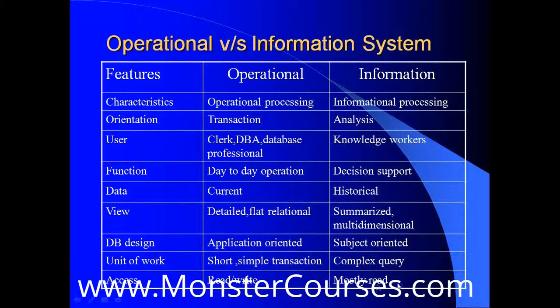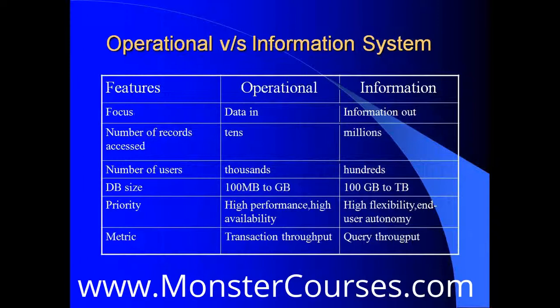Read and write there, mostly read here. From the data warehouse we will just read; we will not update the data frequently. The DB size would be 100 MB to GB, but here 100 GB to terabytes. The data warehouse size would be this much or more, based on your business.